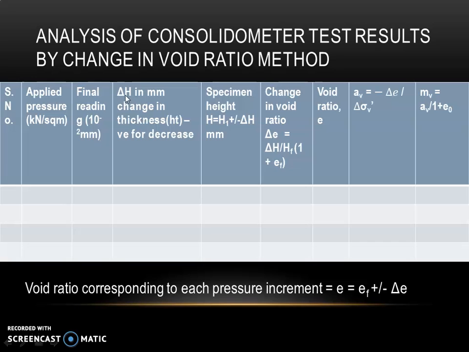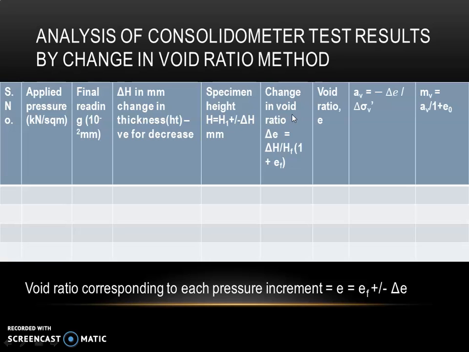Then we can find delta H in terms of mm, which is nothing but the change in thickness or height. Negative sign to be used if there is decrease in the soil sample. Then specimen height H will be initial height of the soil sample plus or minus delta H, minus delta H for decrease in height of the soil sample.